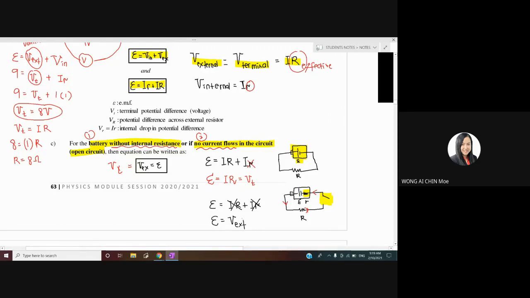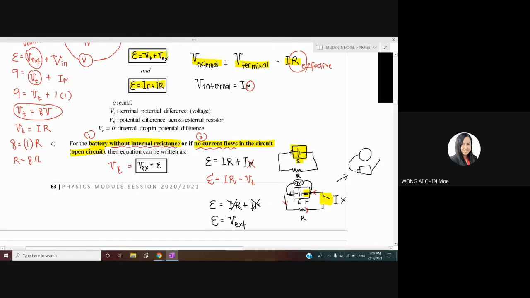If you connect with a voltmeter, maksudnya apa yang dia measure itu adalah 9 volt balik lah, because there's no current flowing through. Di sini kita punya I tak ada. So if no current flows through, apa yang kita measure itu adalah apa yang kita dapat daripada kita punya bateri. So bermaksud kalau case ini kita punya bateri terus connect dengan satu voltmeter sahaja.